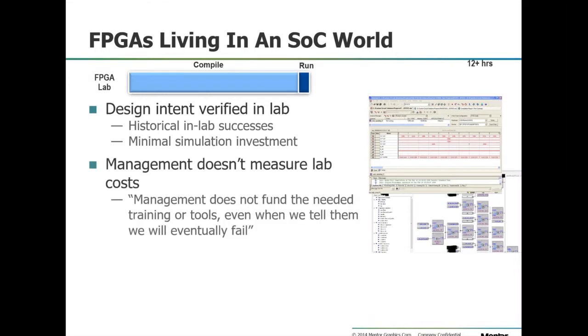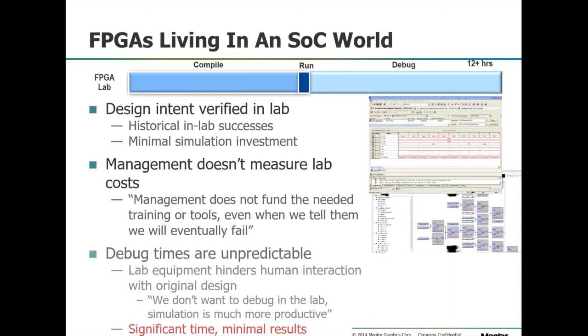Also, the debug in the lab is really difficult. You have a very limited number of internal signals you can look at, and it can be really hard to figure out what's happening when you do see things that don't match up. So the debug is really unpredictable.